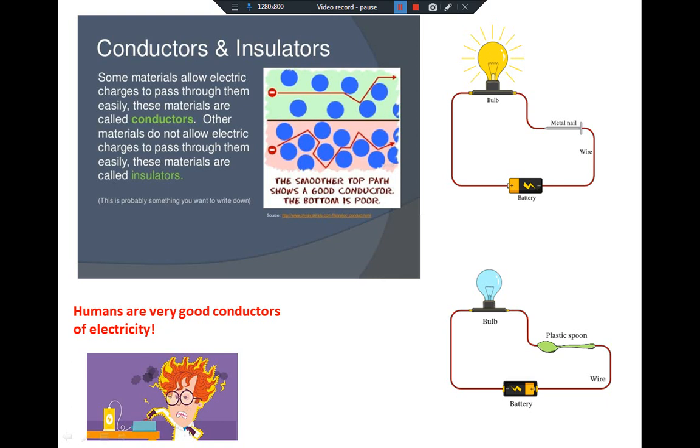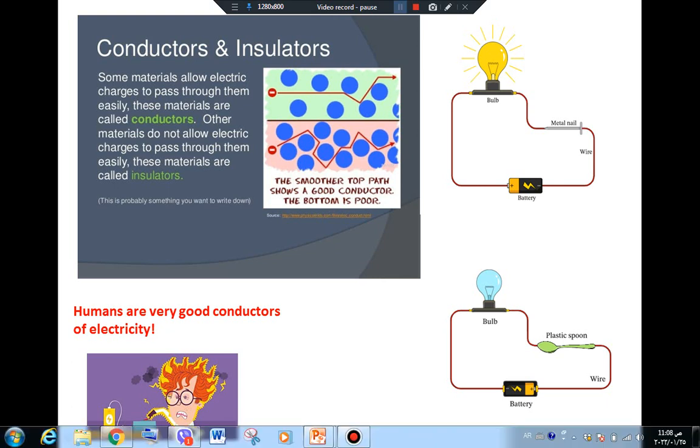So, in here, we understand that the materials that let electric charge pass through them are called conductors. But the materials that don't let electric charge or electricity go through them are called insulators.